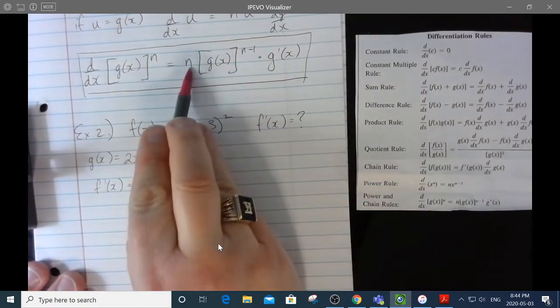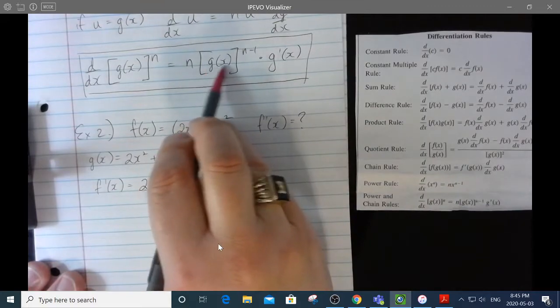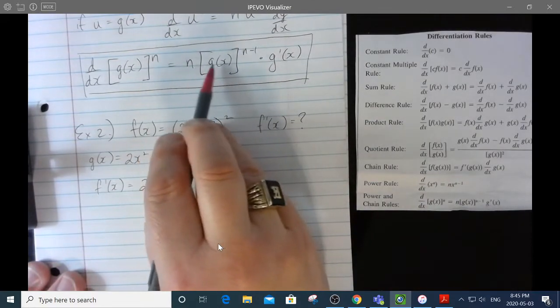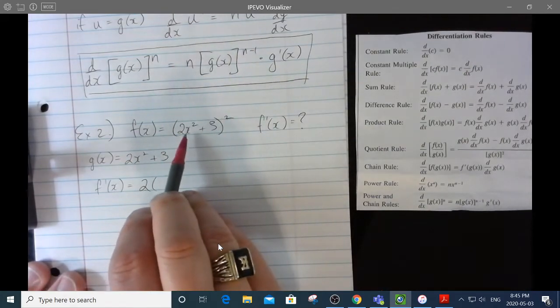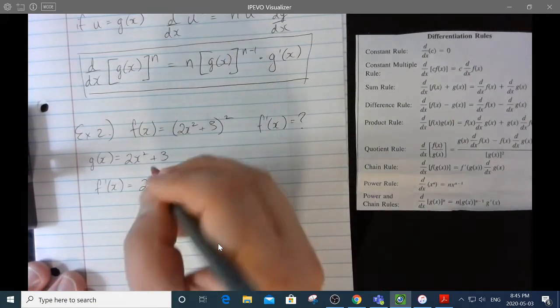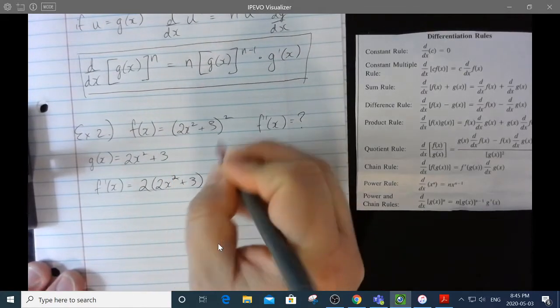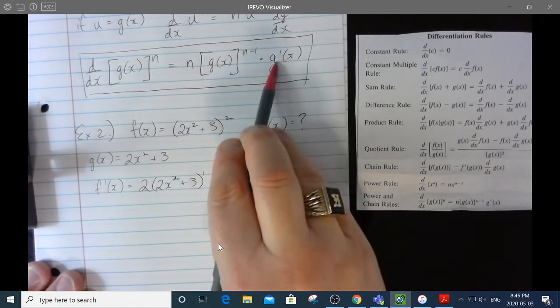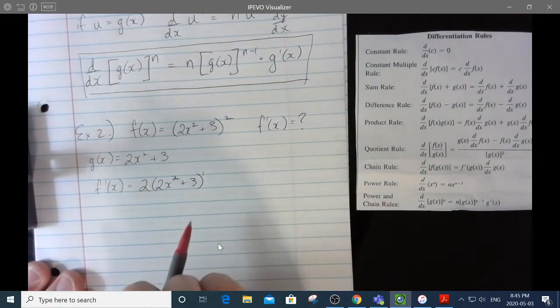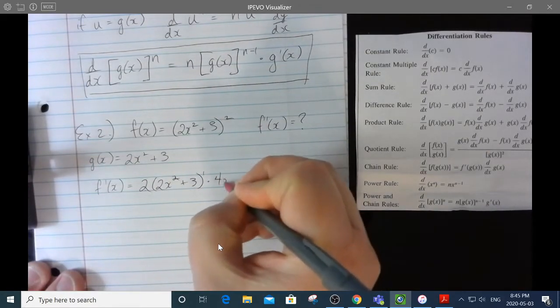So it's the exponent n times the inside, or the original function with one smaller exponent, so minus 1 from that exponent, so that's 2x plus 3, and then minus 1 from the exponent, so that's now a 1, times the derivative of the function that's actually the inside of that bracket, so that would be times 4x.